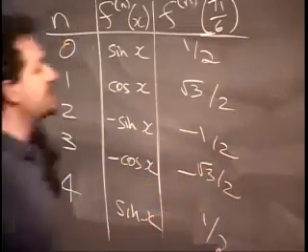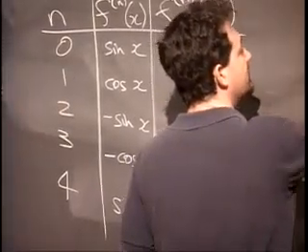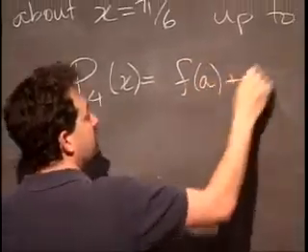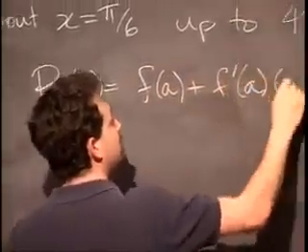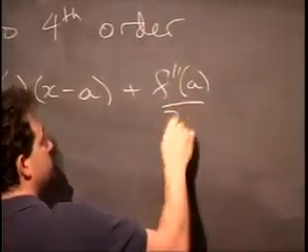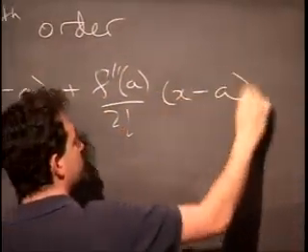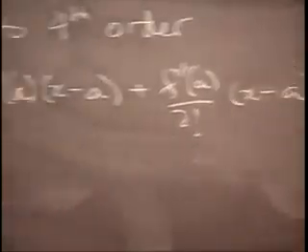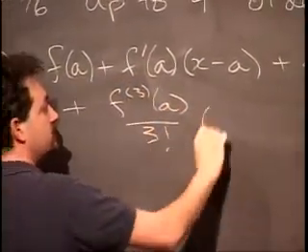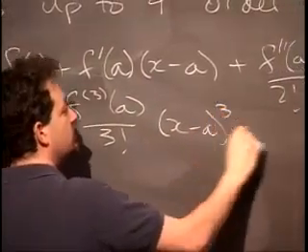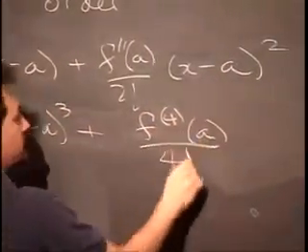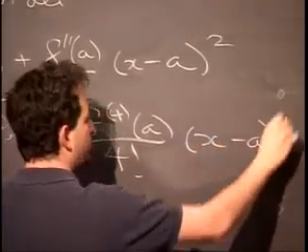So what we're actually asking for is P4 of x in this case. And in general, it looks like f of a plus f prime a, x minus a, plus f double prime over 2 factorial, x minus a all squared, plus the third derivative over 3 factorial, x minus a all cubed, plus finally the fourth derivative over 4 factorial, x minus a to the fourth.